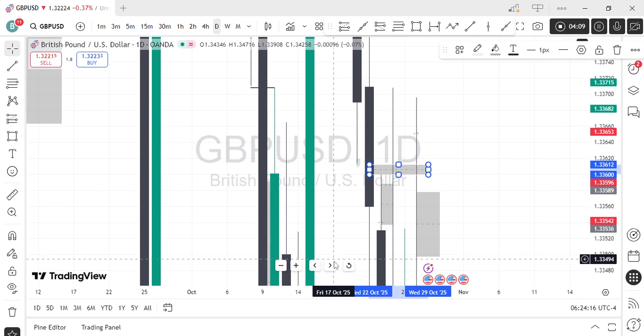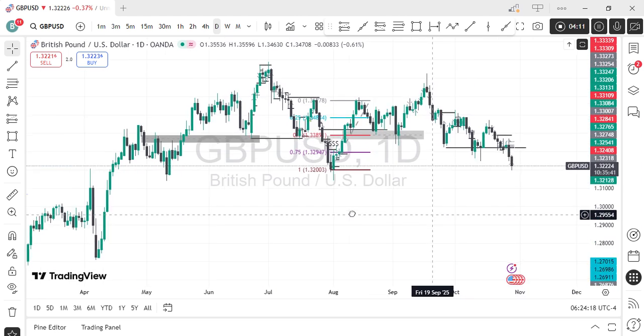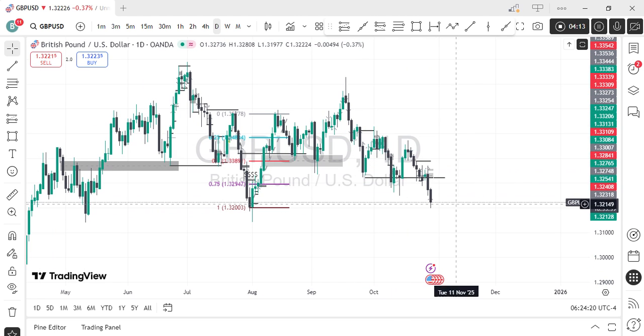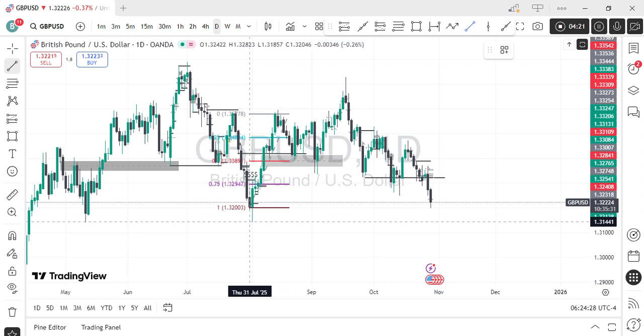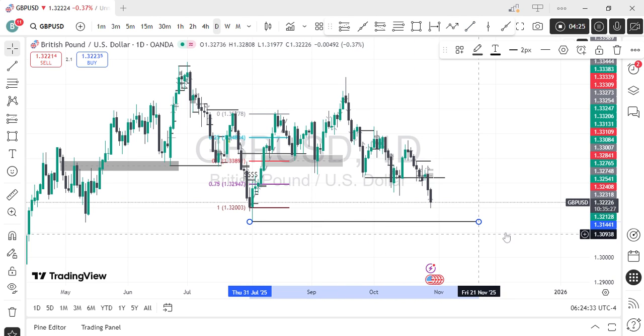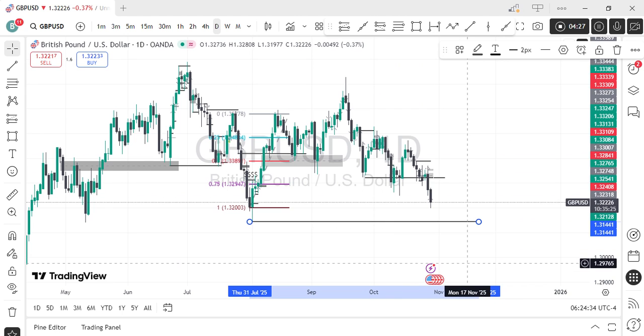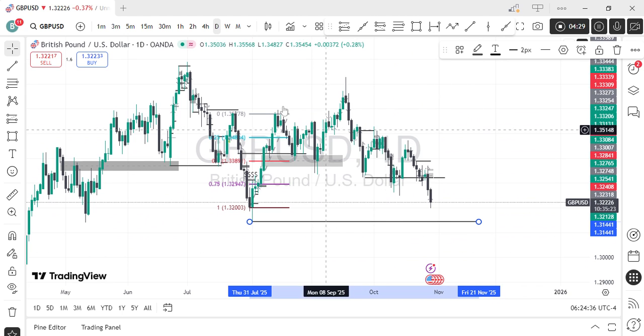The market had traded into this fair value gap, it had respected it, and now we are going lower. We are aiming for which lows? These lows right here. So we are bearish in the daily.